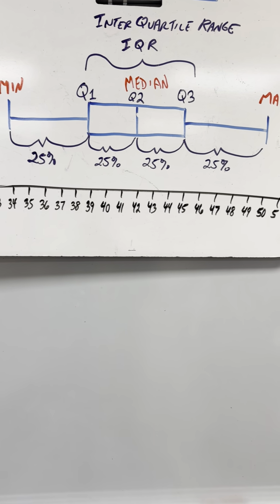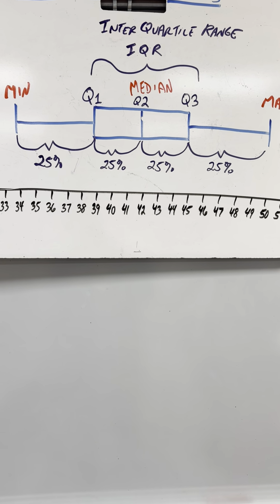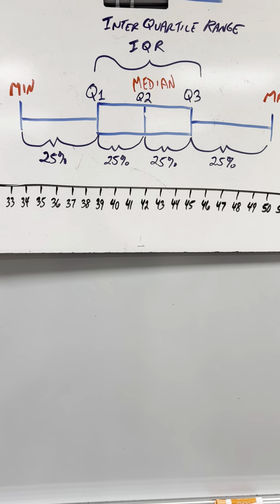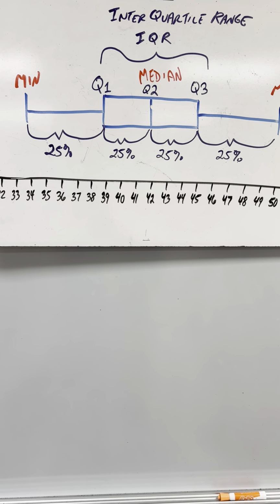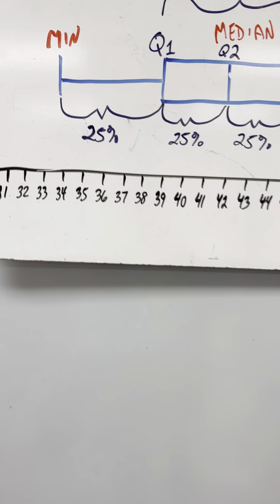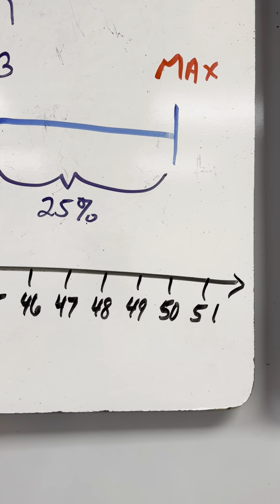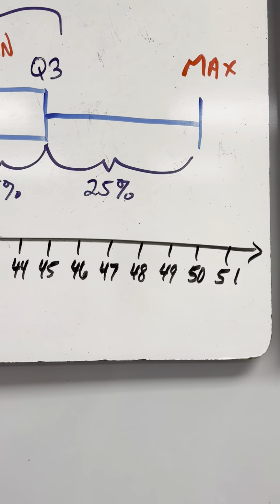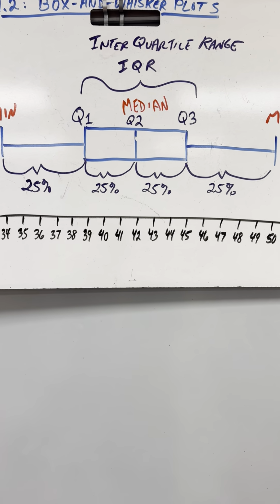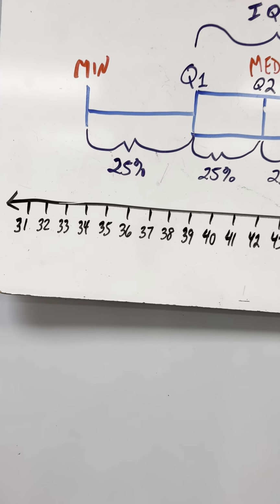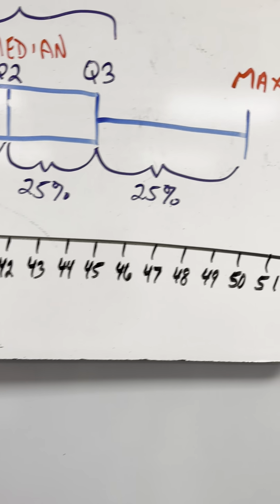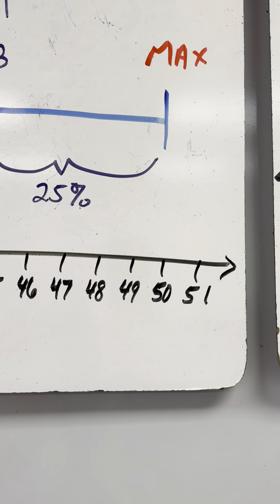We're pretending that we have a bunch of numbers, and the numbers range from 34 to 50 in this case. So the minimum is 34, the maximum would be 50.